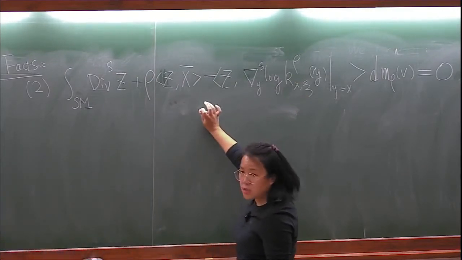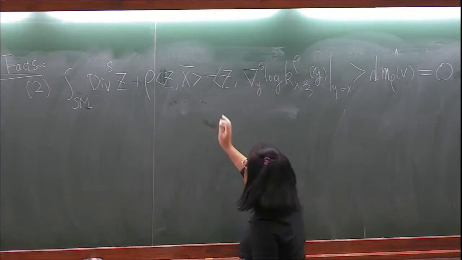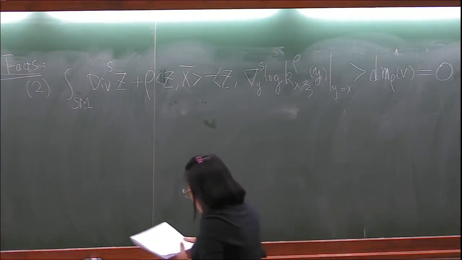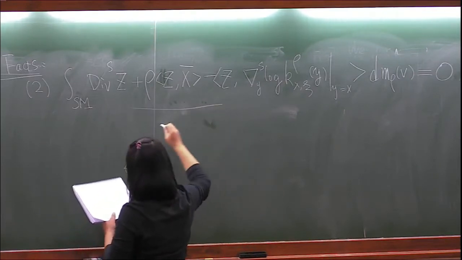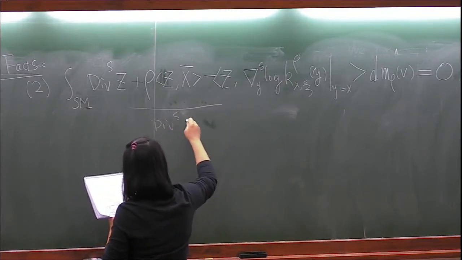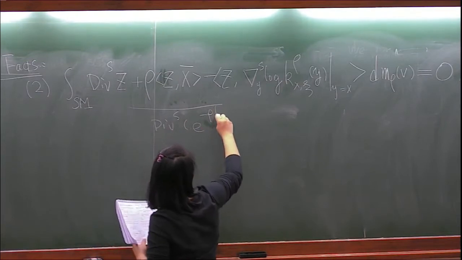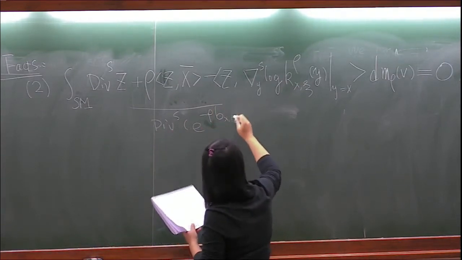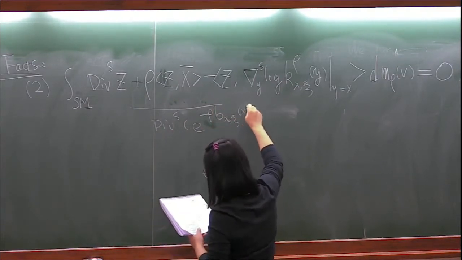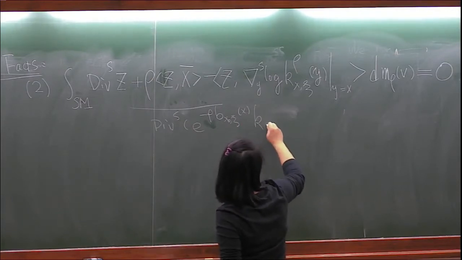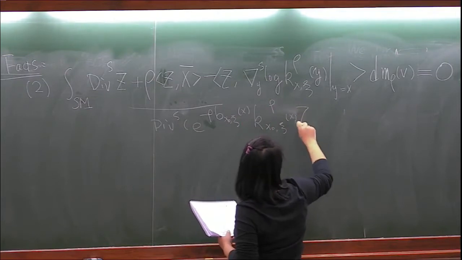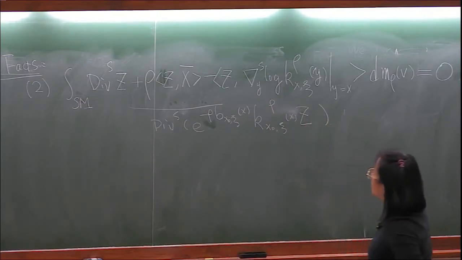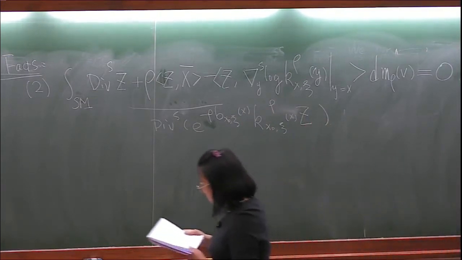This part is still integration by parts. So finally, this thing will be the divergence of S e to the power px not x times this k. So it's 0. That's the first thing.